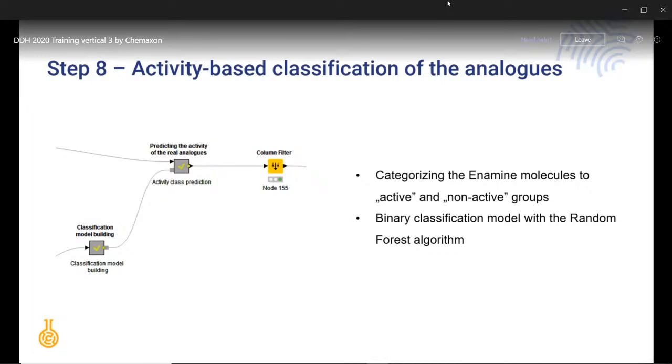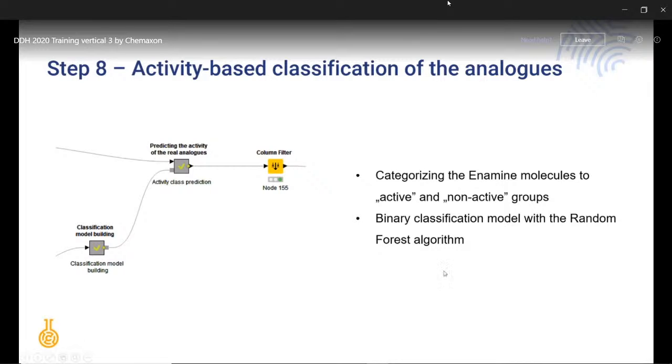And to have this prediction for the biological activity, we built a predictive classification model, which later on we can use to classify our Enamine analog molecules as active or non-active compounds. This binary classification model was built using the random forest algorithm, which can be accessed from the generic KNIME nodes as well.